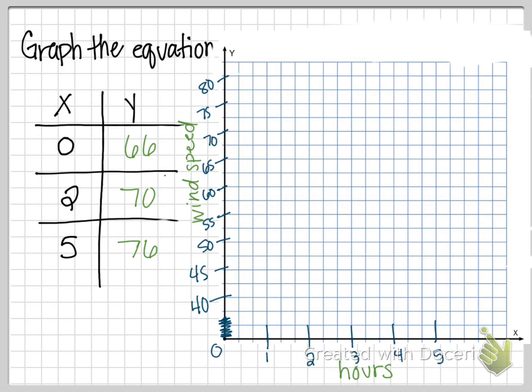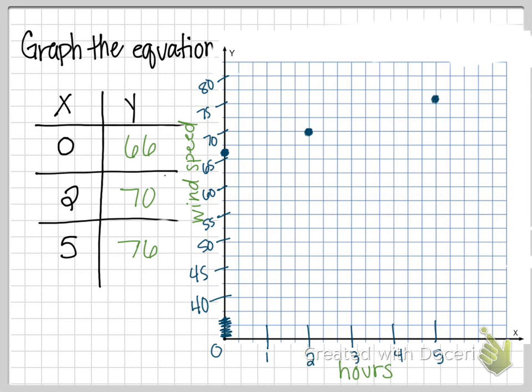So our first point is here at 0, 66, which is going to be just a tiny bit above 65 on our graph. And then we have 2, 70, so I'll go 2 to the right and up 70. And then 5, 76. So that's going to be just a little bit above 75.